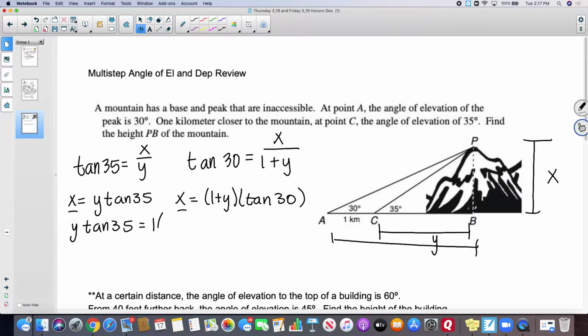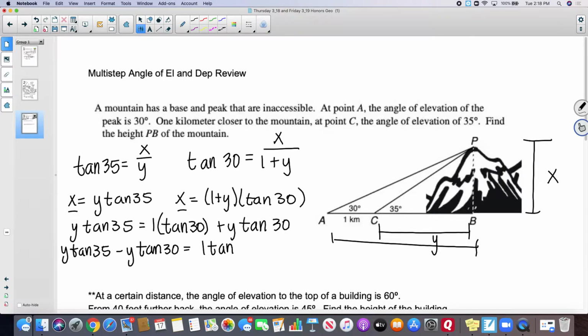So we're going to have 1 tan 30 plus y tan 30. Okay, the next step is you want to get the y's on the same side. So we're going to have y tan 35 minus y tan 30 equals 1 tan 30.